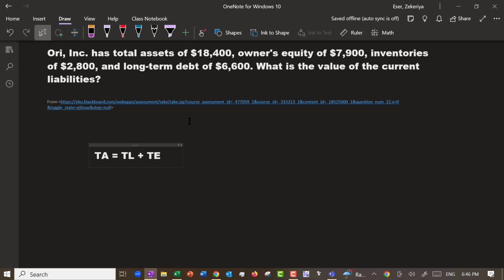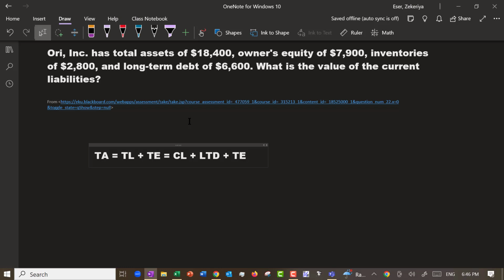And we're given that too, total equity. So I know everything in this equation except current liabilities.